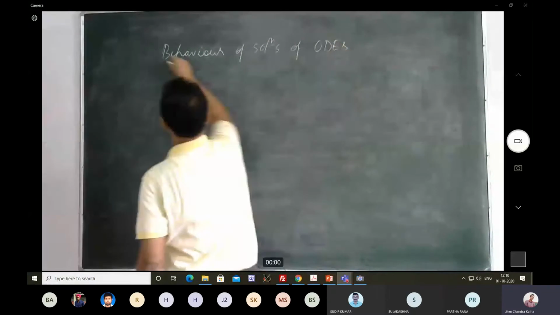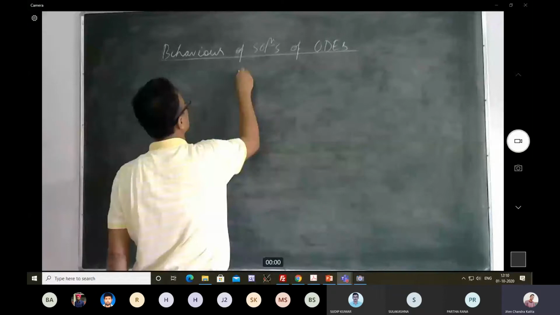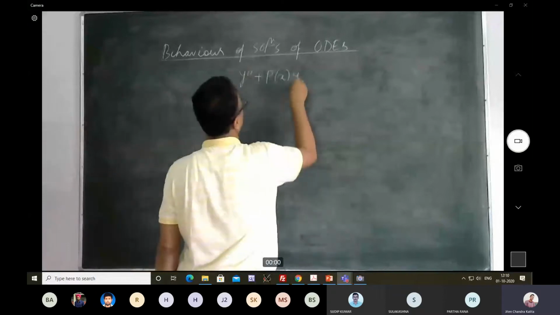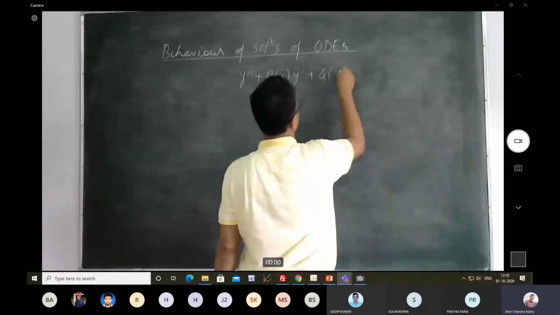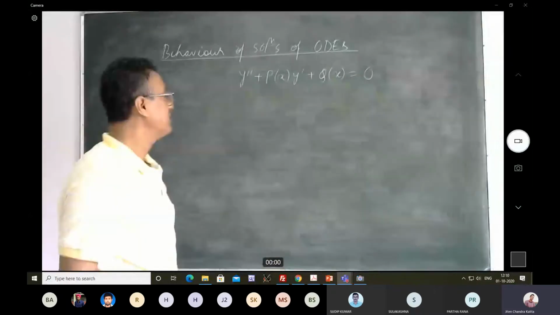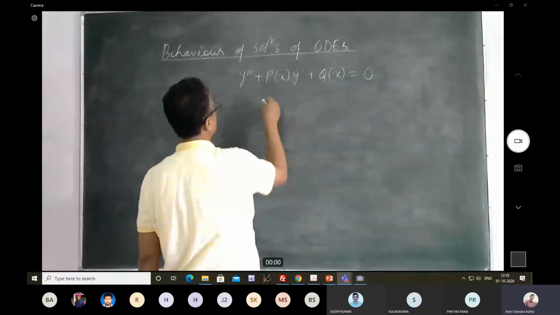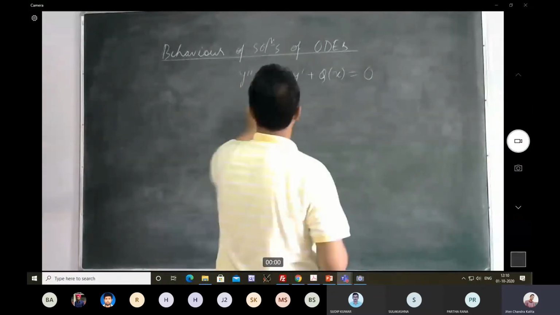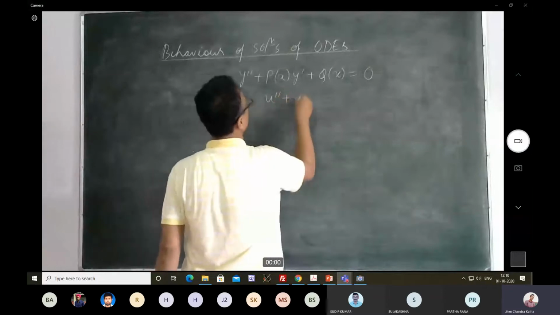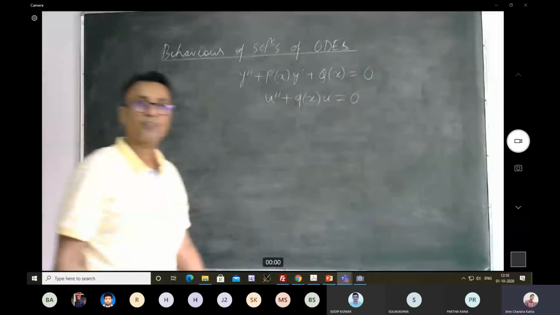So what we did, we considered the homogeneous second order linear differential equation given by this, okay? And then by some transformation, we reduced this equation into the form like this is equal to 0, okay?